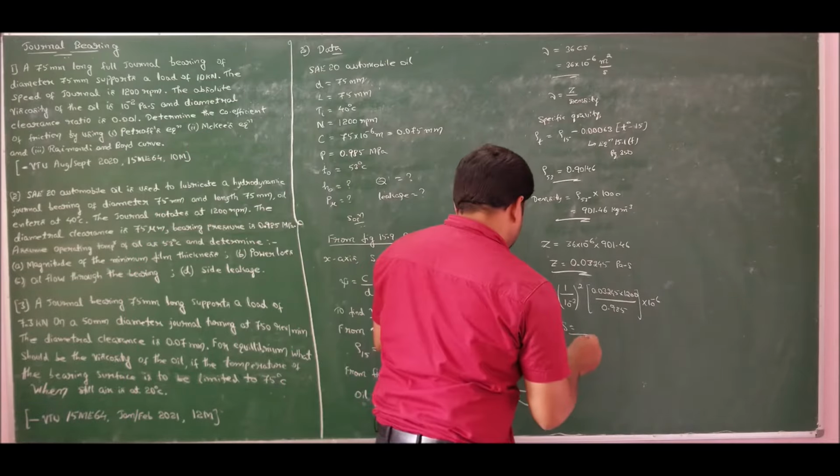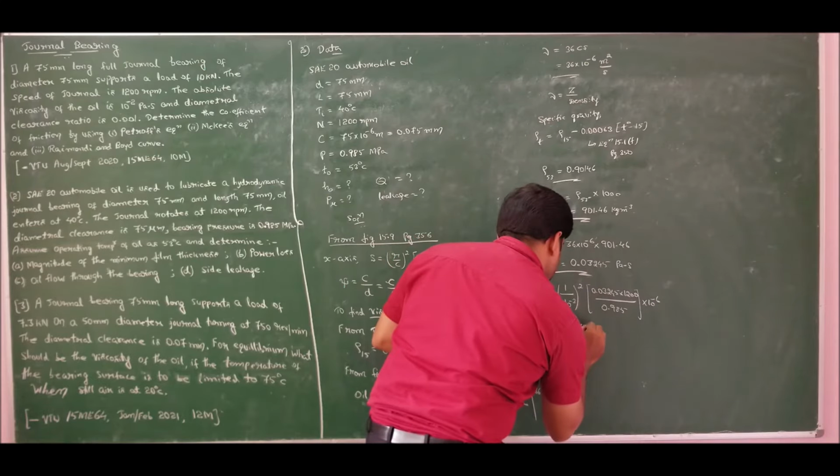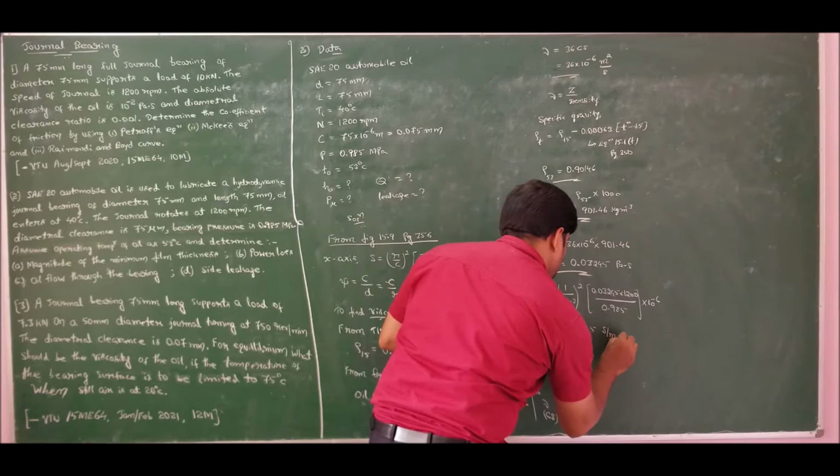So I get the dimensionless Sommerfeld number as 39.5.